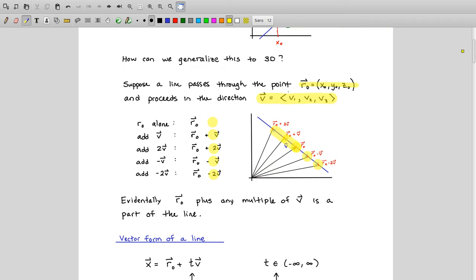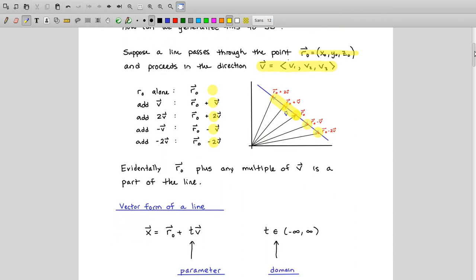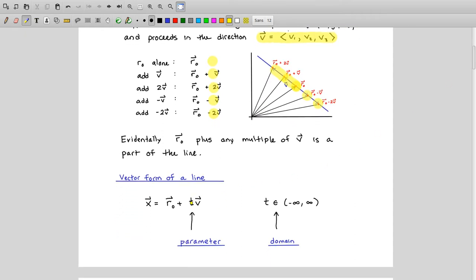And so what we ultimately need is a parameter. We'll call that parameter t. If there's two lines, maybe we'll call the second one s. But t can be any number. T spans minus infinity to infinity, which traces out all possible multiples of v added to r naught. And that will fill in all the points on this line in between the red dots.